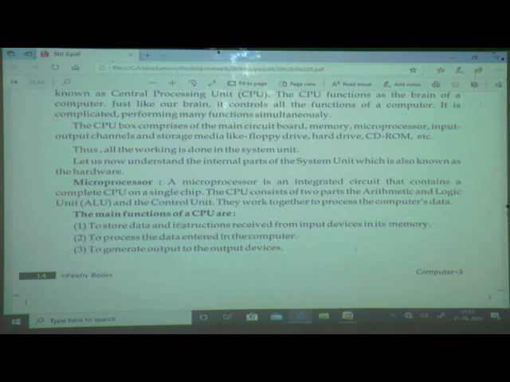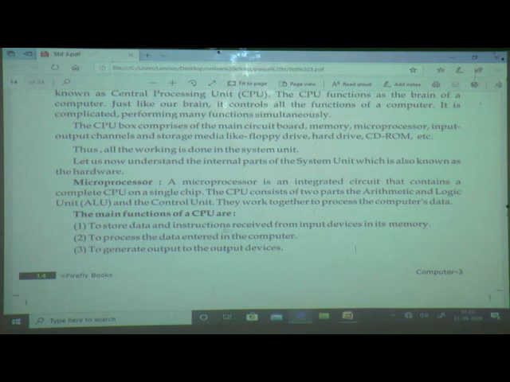To store the data and instructions received from the input devices in the memory. Which are the input devices? Keyboard, mouse. What we give as input to the computer is stored in the CPU. It also processes the data entered in the computer: firstly it takes the data from the input devices, processes it, and generates the output to the output devices.